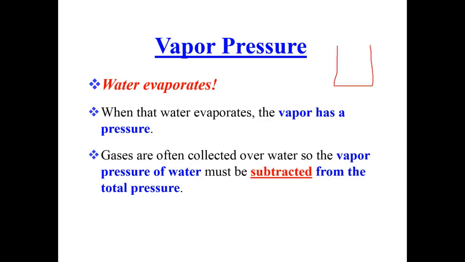if I have a container and it's sealed on the top, let me change my color. I'm going to make it blue like water. Let's say I have some water in here. At different temperatures, water will have a certain amount of gas particles that evaporate.